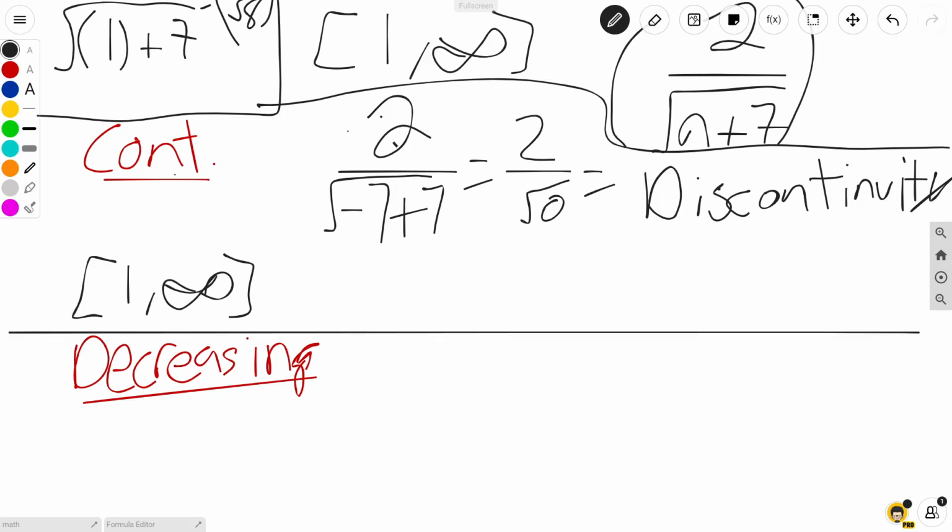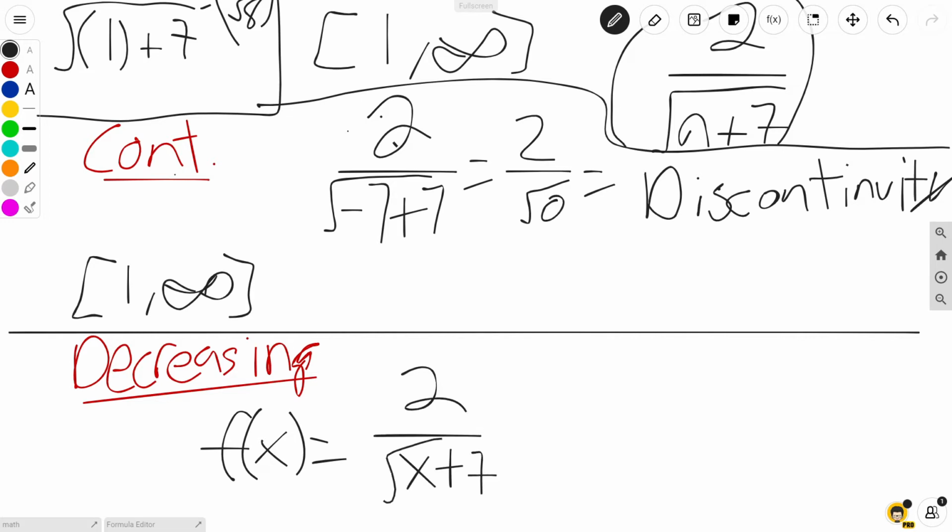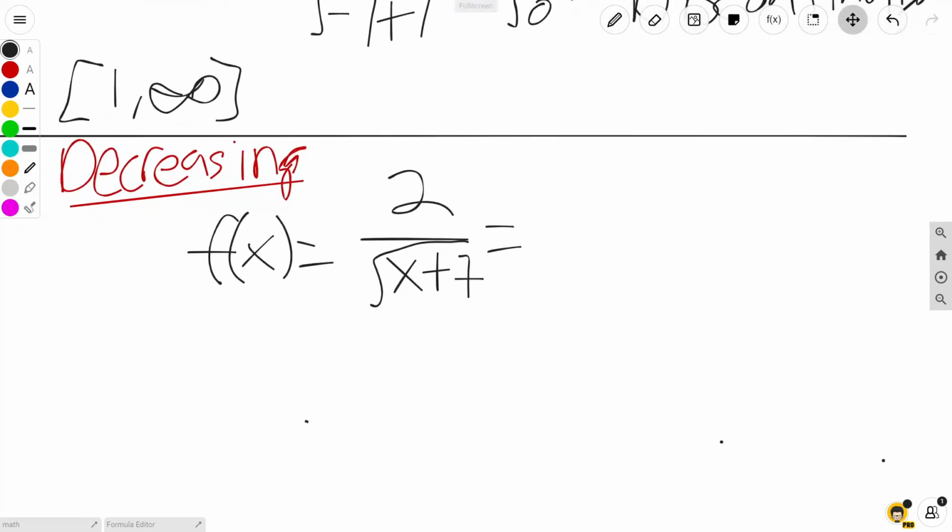We treat this as a function f of x, so f of x equals 2 divided by the square root of x plus 7. You can apply the chain rule, which I'm not going to go over because that's not the purpose of this video, but I do have a video on the chain rule, so go check it out if you don't know what I'm doing right now.